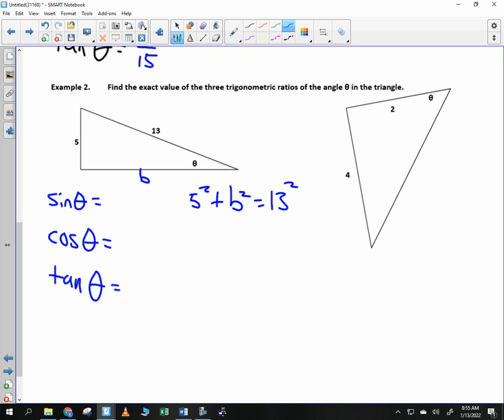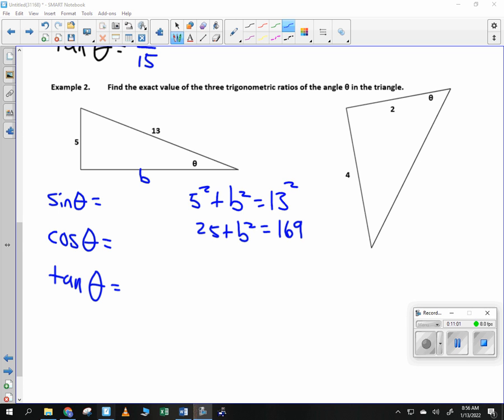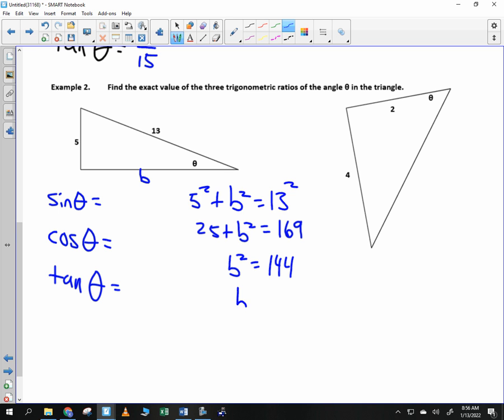Good. So 25 plus B squared is equal to 169. Okay. So I subtract the 25, I get B squared is equal to 144, so B is 12.